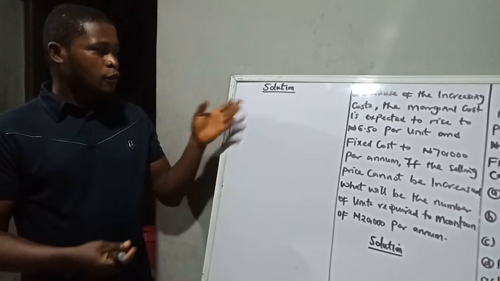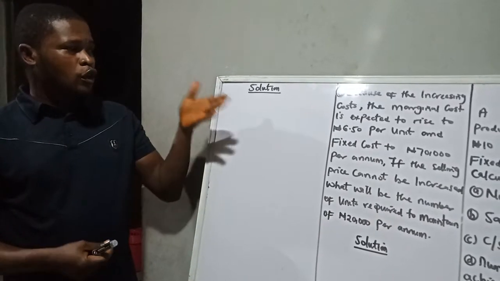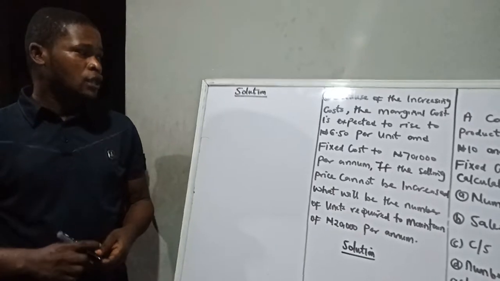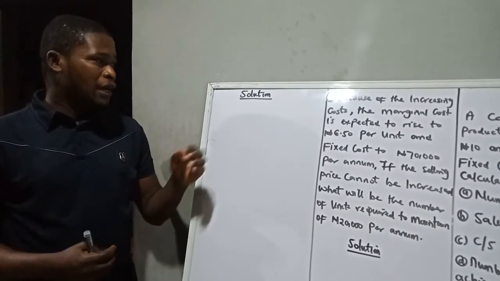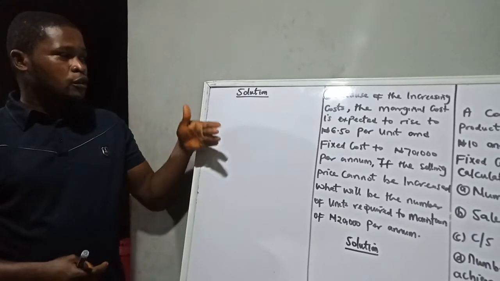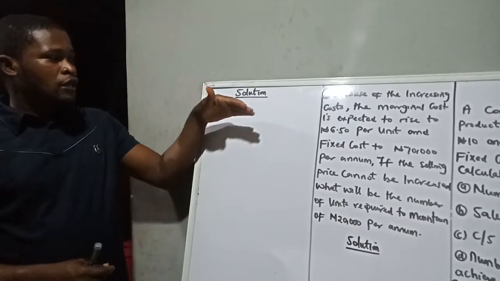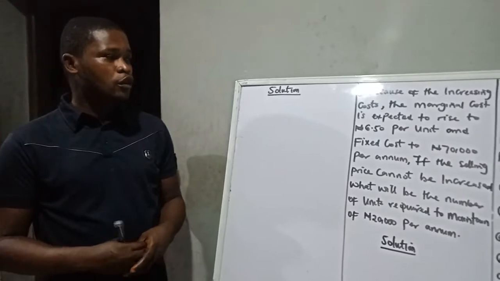We also talked about the assumptions: the selling price is known and constant, the fixed cost is known and constant, the stocks are valued at marginal cost, technology remains unchanged, and costs are divided into fixed and variable costs.